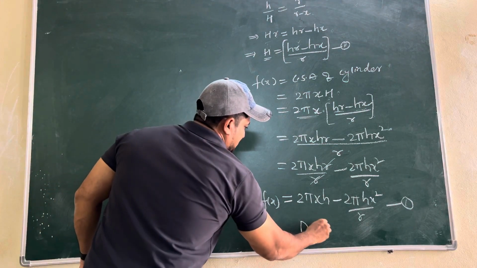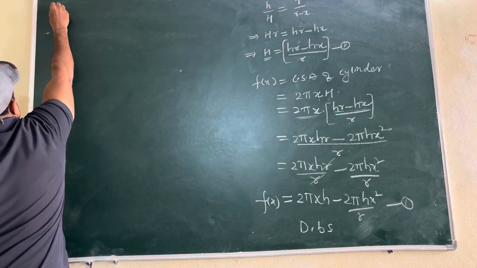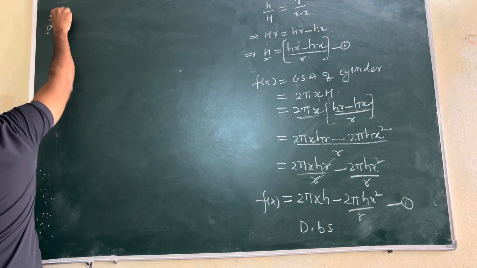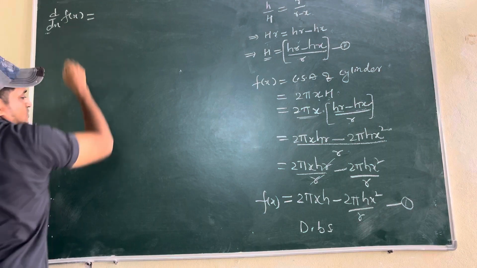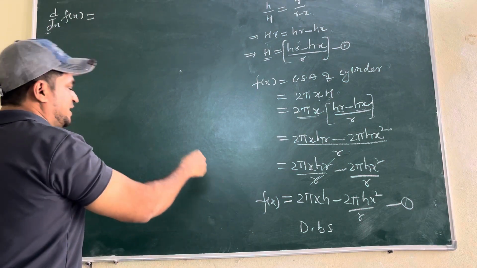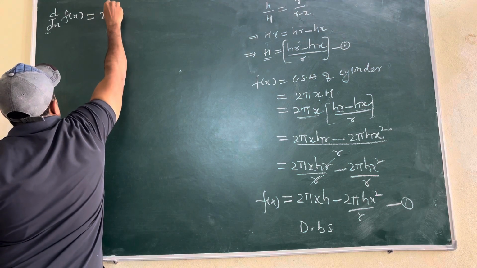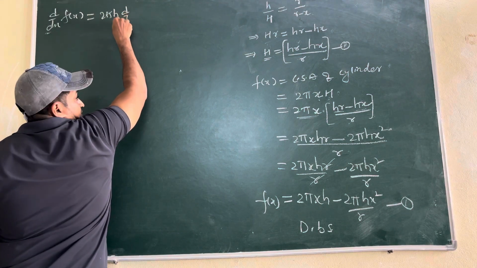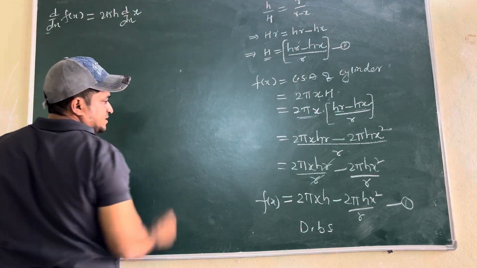Differentiating both sides with respect to x, we have d by dx of f of x equals to, since we are doing it with respect to x, the remaining terms other than x are taken out, d by dx of x, then minus d by dx of x square.